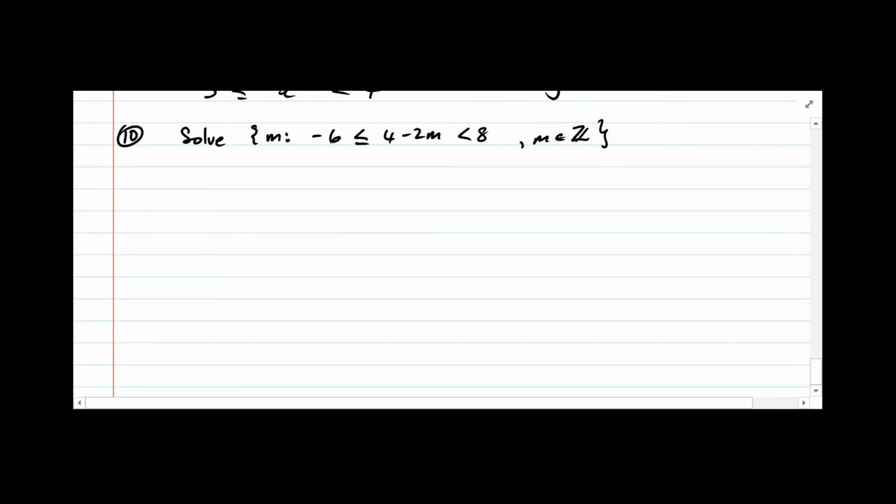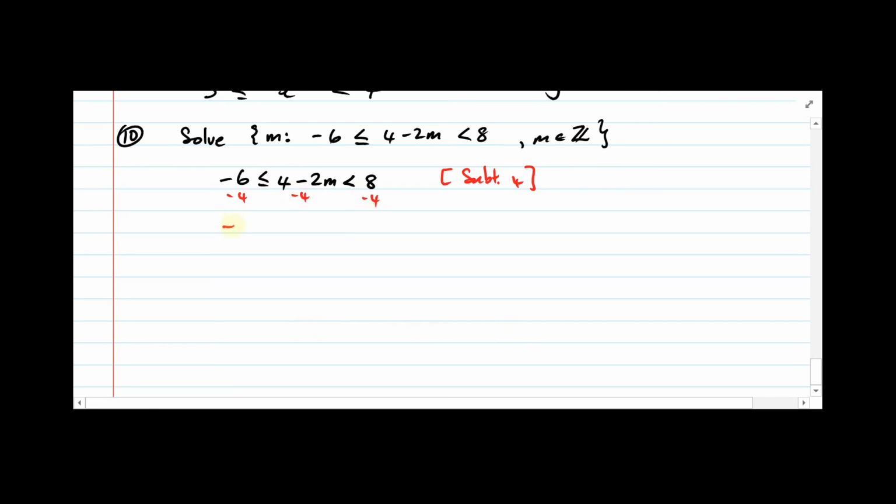See what you remember. As usual, we will take this inequality out. First thing, isolate the term with the variable, so we want to leave the minus 2m in there. To simplify my life rather than writing everything throughout, I'm going to subtract 4 from all the parts.